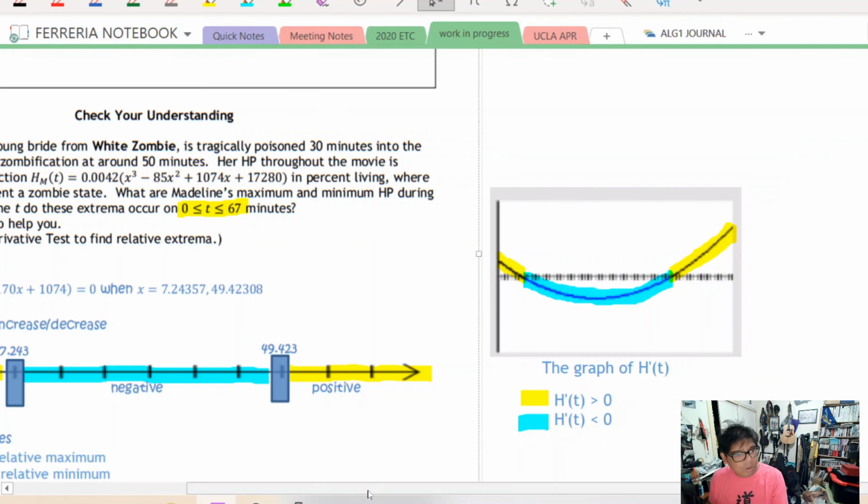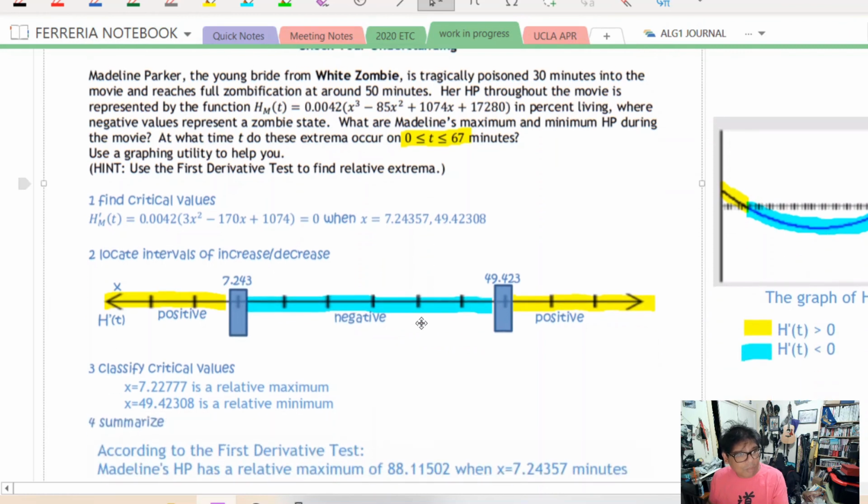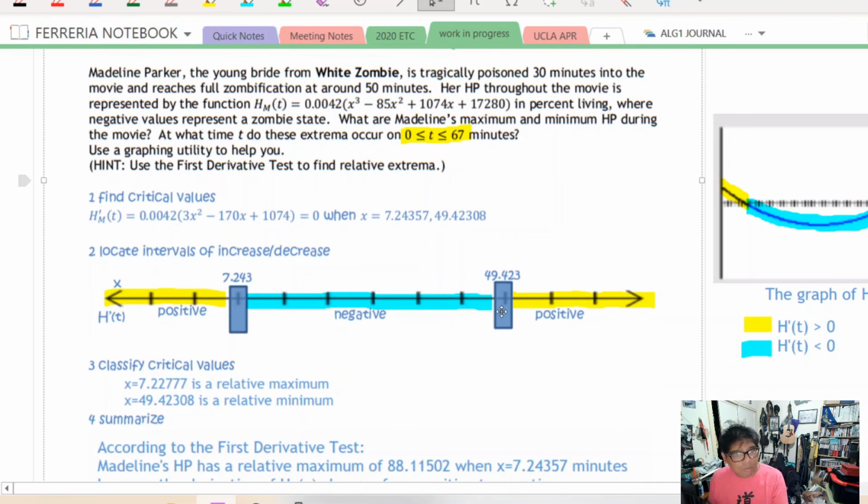Going back to our notes, we see that it's already there. X equals 7.24 and 49.423. We can make our graph here, our number line. We know that for values to the left of 7.243, the derivative is positive. H prime is greater than 0, meaning the function is increasing.